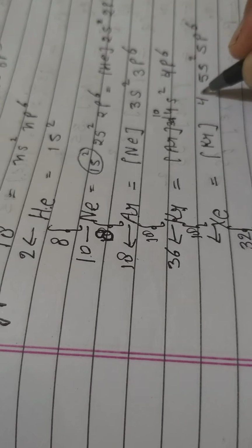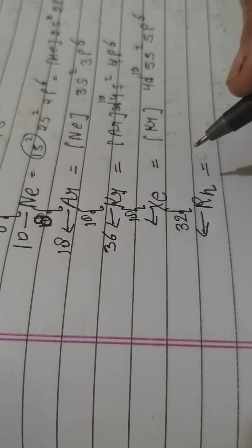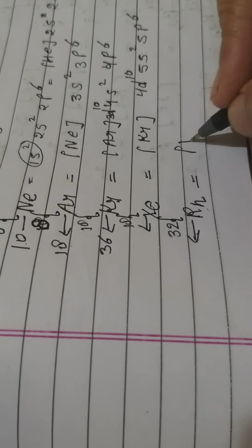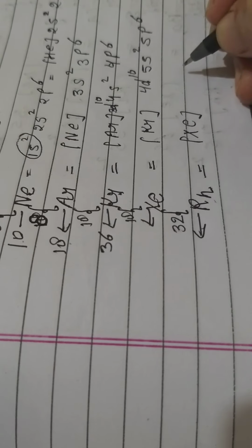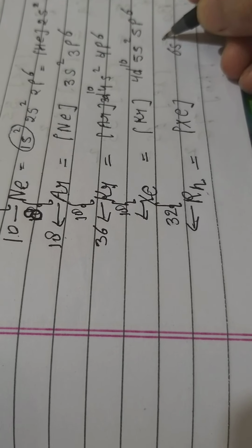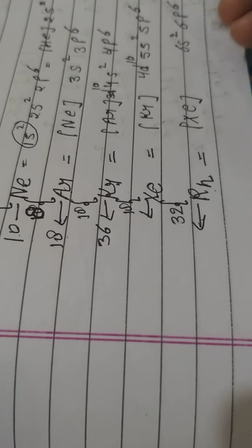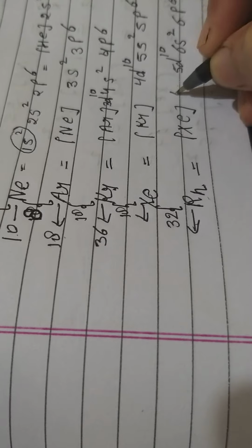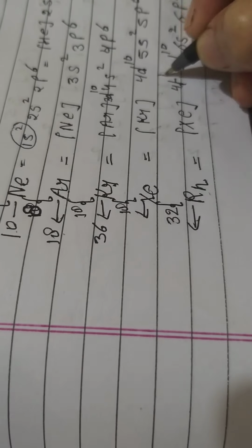Here you have to write 4d10. As we talk about radon, then the noble gas we have to use just above it, that is xenon. Okay, so now here you will write 6s2, 6p6, here 5d10 as well as 4f14 is to be written.